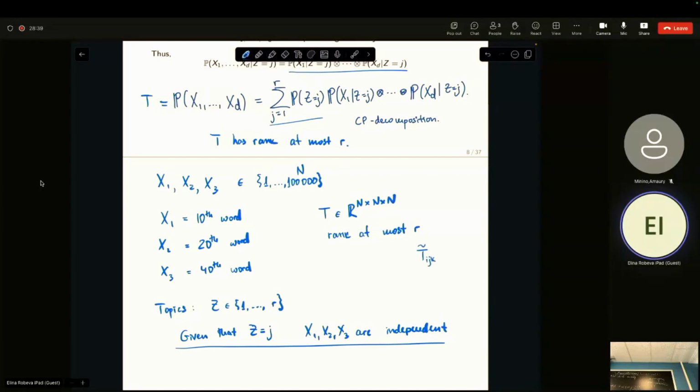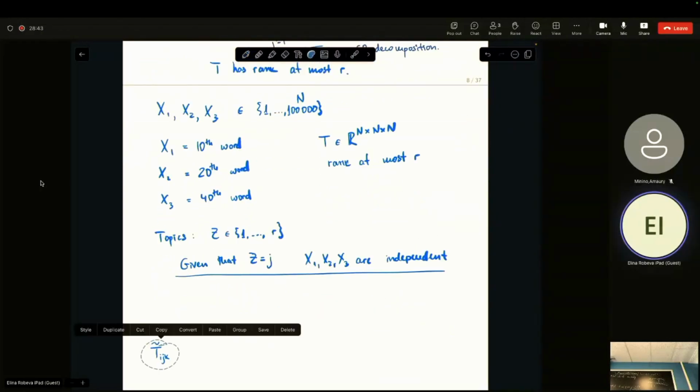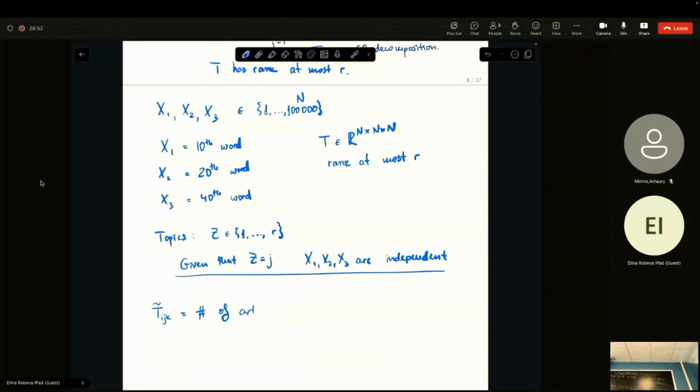You record the number of documents or articles where the 10th word is the word i, the 20th word is the word j, and the 40th word is k.